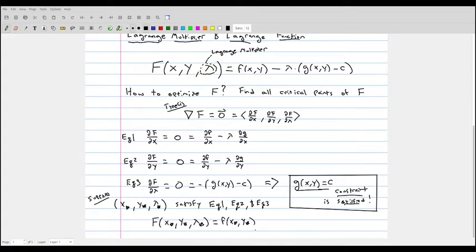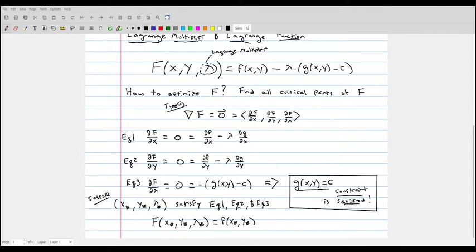Because if equation 3 is satisfied, that means that g of x, y minus c is 0. So at that point, this term is going to be 0. So the constraint is going to be satisfied, which means that x star, y star, lambda star could be a saddle point of the Lagrange function.